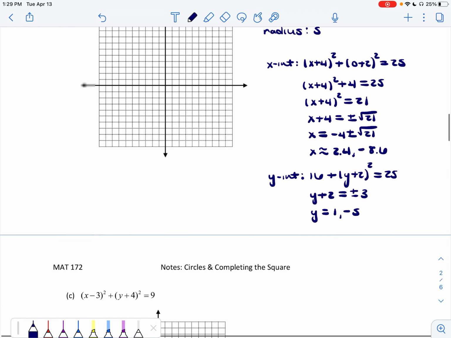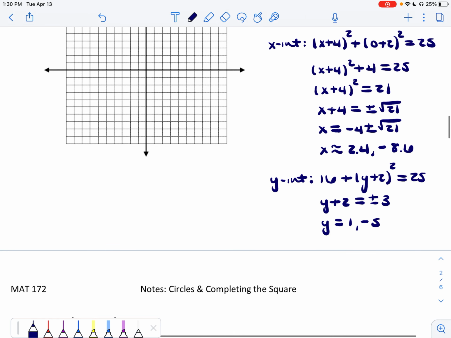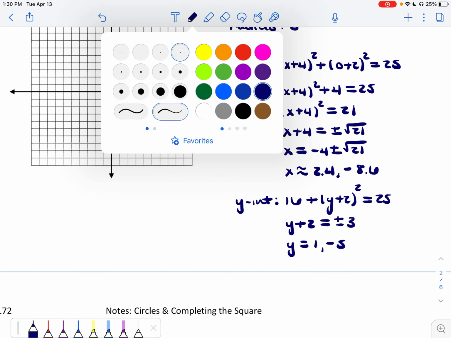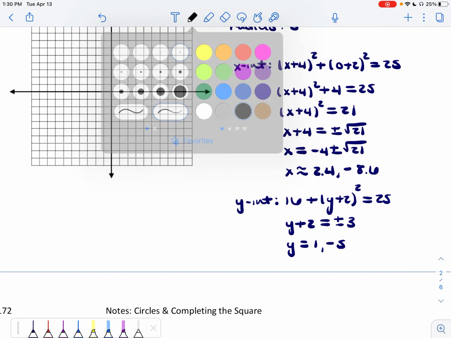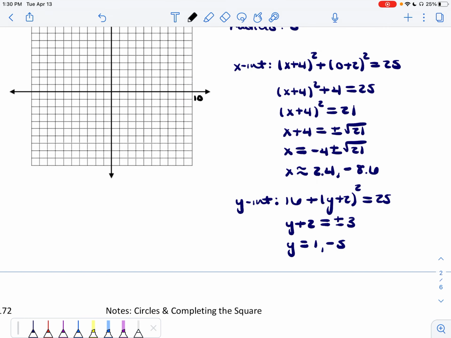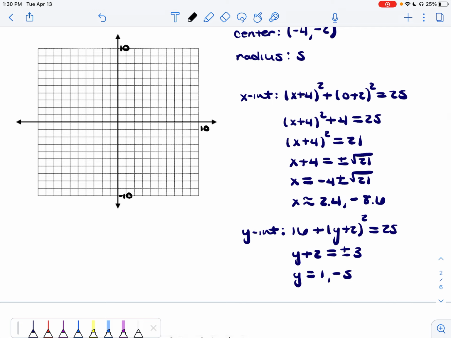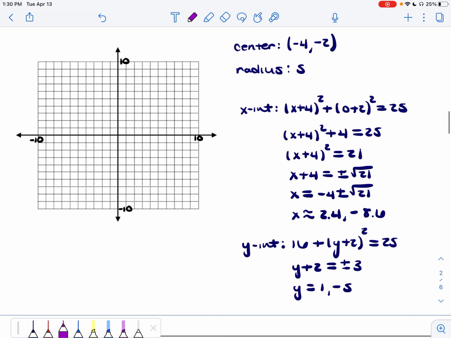Okay, so let's go ahead and start plotting some points here. So first, I'm just going to say counting by ones on my scale, just to keep it simple. All right, so our center is at negative 4, negative 2.